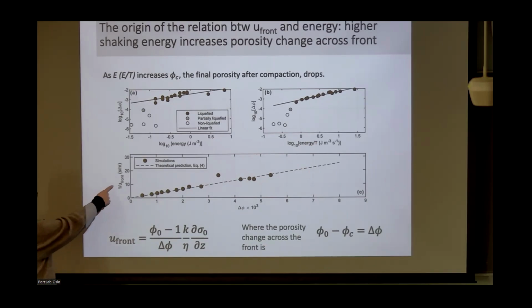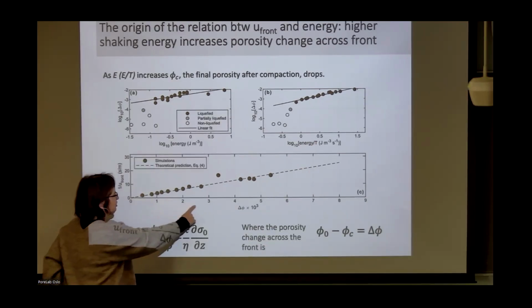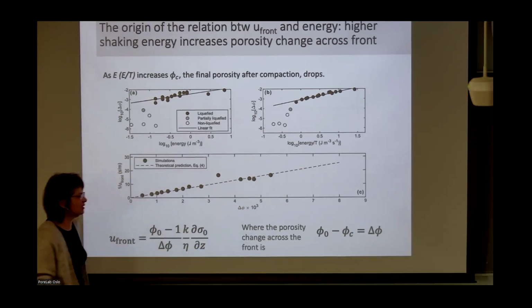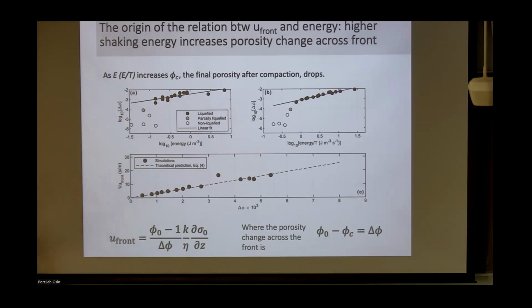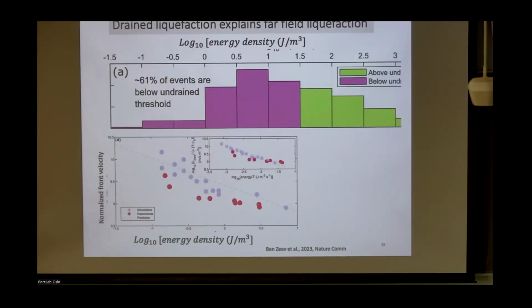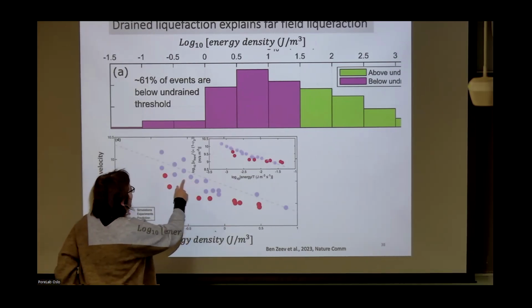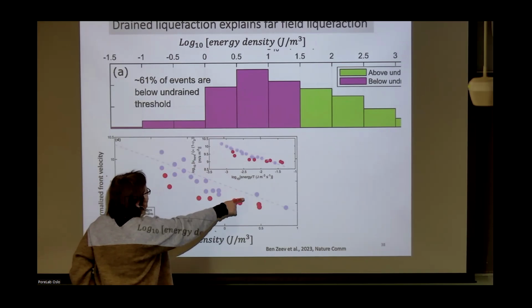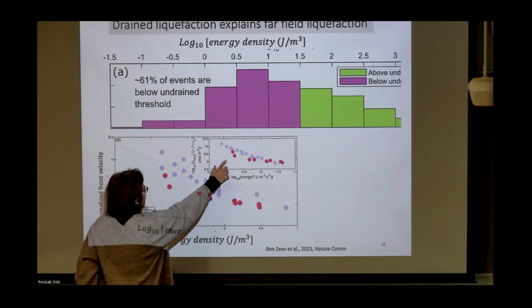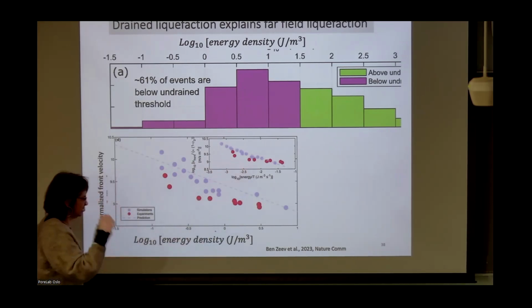So 1 over U front theoretically should depend on delta phi, and it does, according to our simulations. The theoretical prediction is the dotted line, versus energy density, and versus power density in this inset.